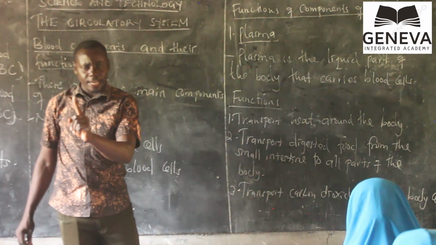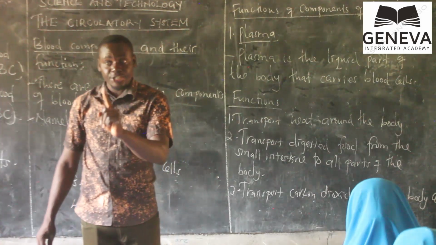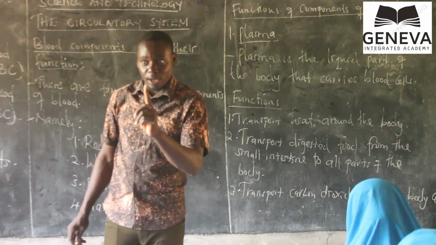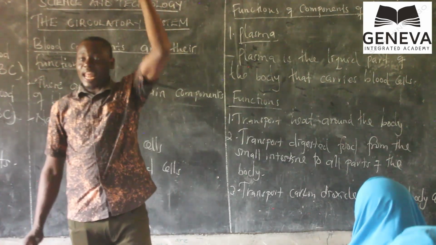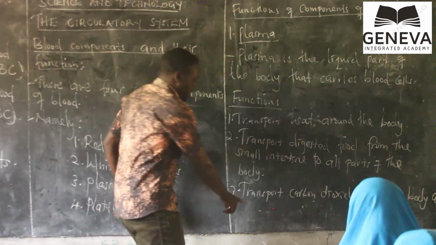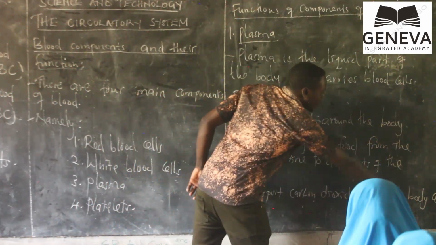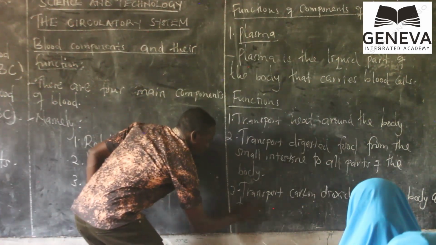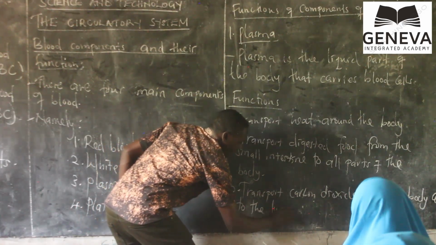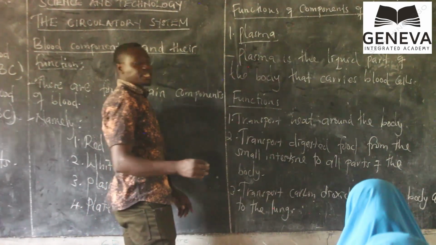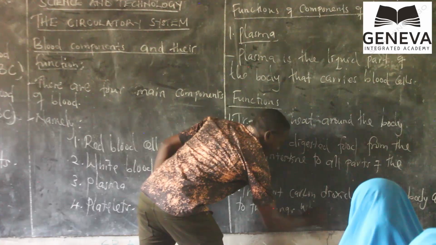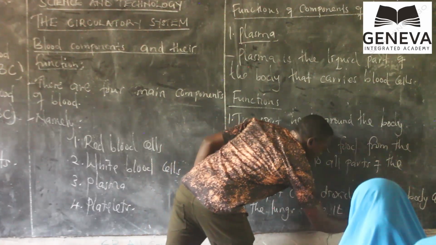Now, carbon dioxide, remember, is not fresh air. So it should go to the lungs. So it transports carbon dioxide from the body cells to the lungs, where it is removed.